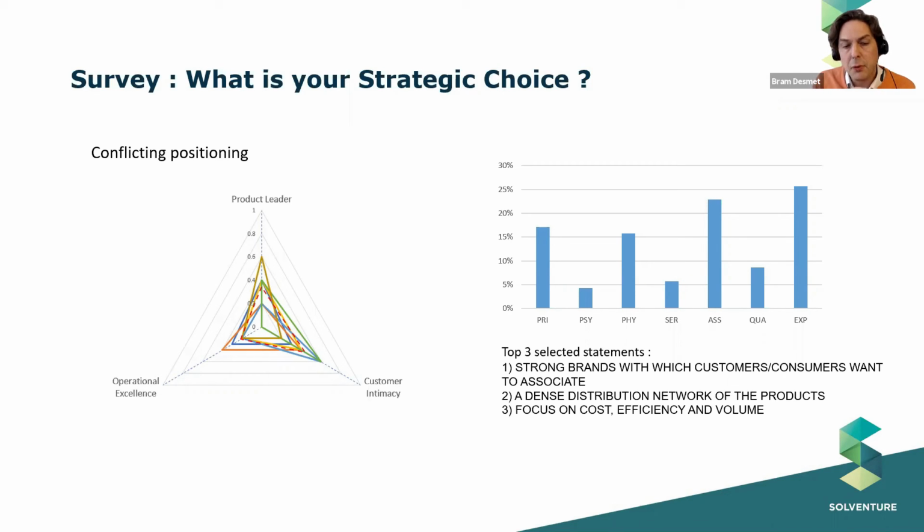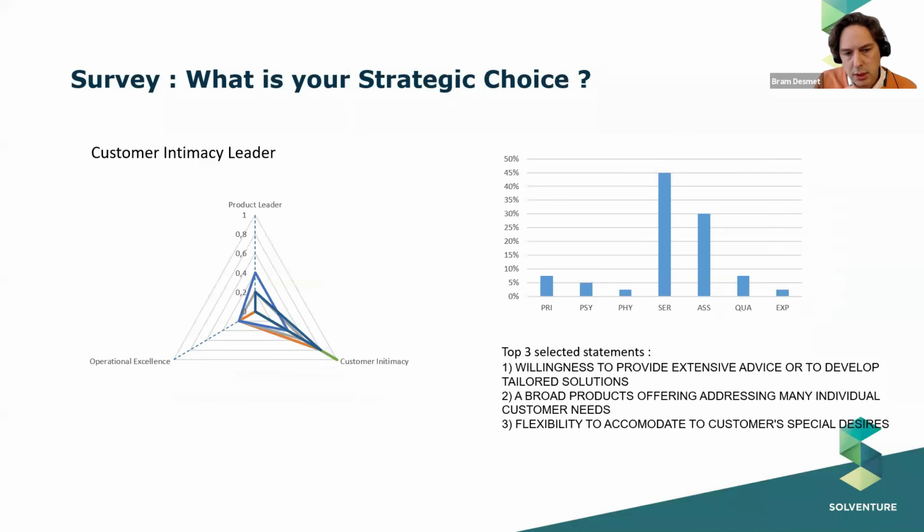And before we design an S&OP process, we want to understand what is the strategy it needs to support. So in this company, if you want to be a customer intimacy player, you know you will have a broad assortment, you know you will play on service, so you need to develop the right planning processes and tools to support this.